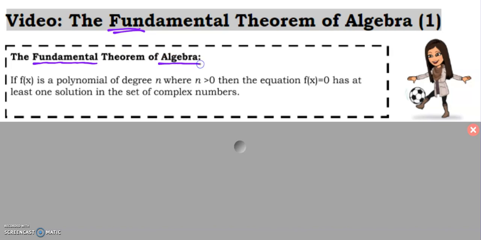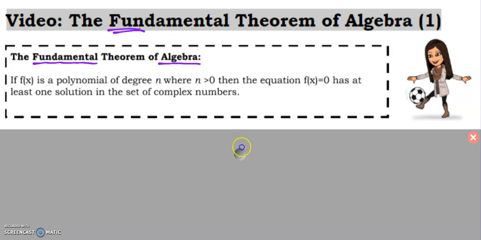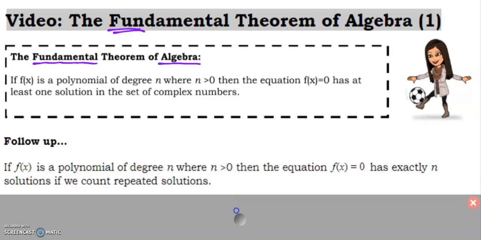So first, the fundamental theorem of algebra. What does it state? Officially, it says that if f of x is a polynomial of degree n, where n is greater than 0, then the equation f of x equals 0 has at least one solution in the set of complex numbers. Now, that is a lot of very official sounding math speak.